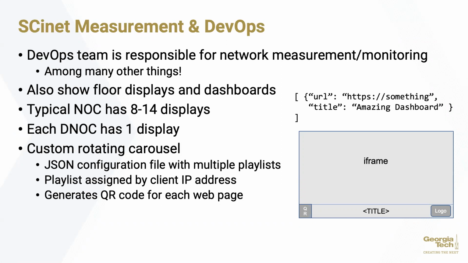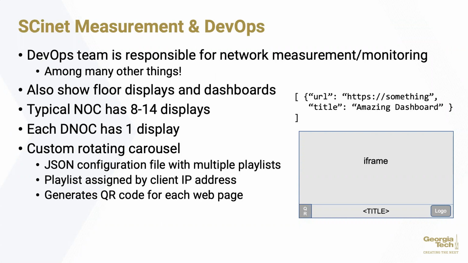So every year is a little bit different depending on the layout of the show, but in general, each DNOC on the show floor, and there may be somewhere between 5 and maybe 7 of those depending on the layout, each DNOC has a TV on it that is going to serve as a display.